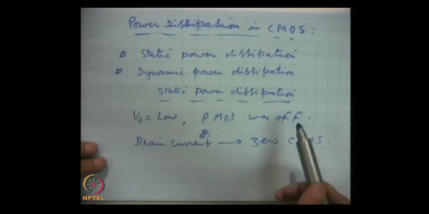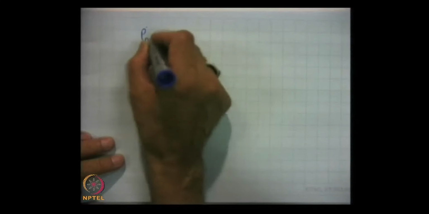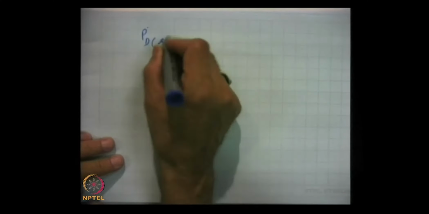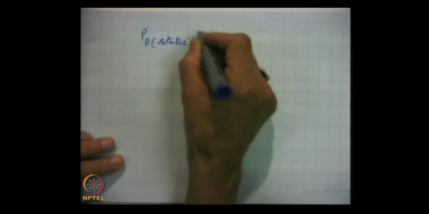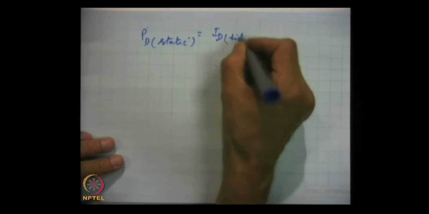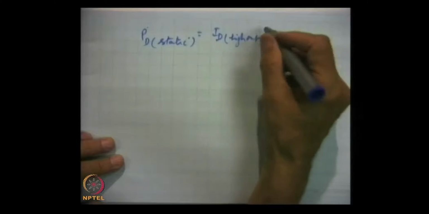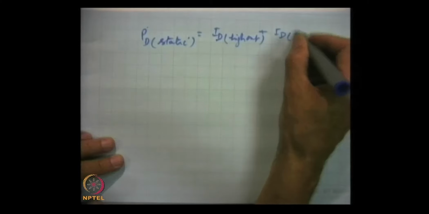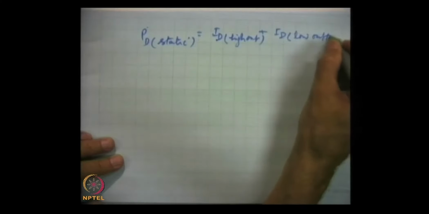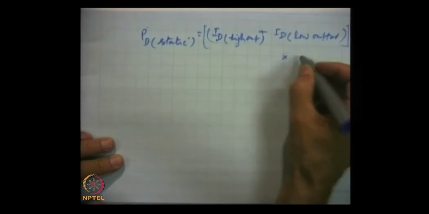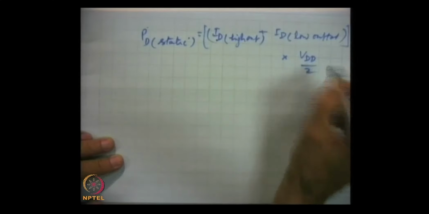So, the static power dissipation, power dissipation we write normally as PD static, and this is the drain current in the high output case. This was 0 as we know, and ID low output, in this case as well, was 0, and this is to be multiplied by VDD by 2.